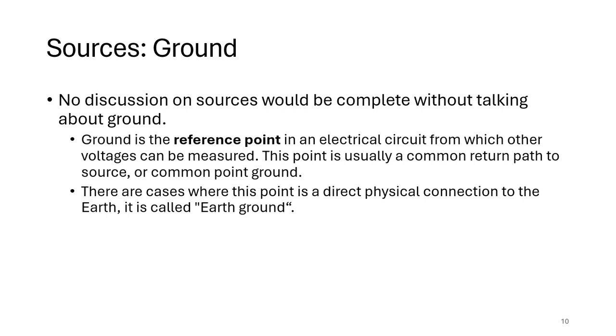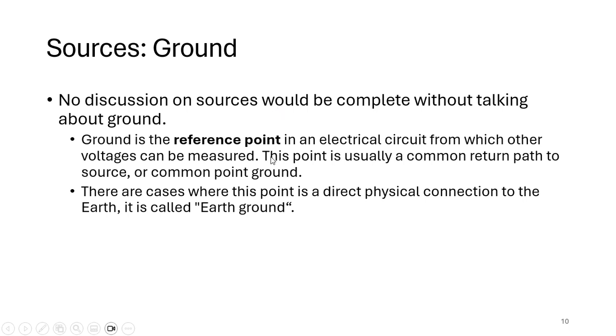All right. So moving on to the last topic here. If we're talking about sources, it's probably a good idea to talk about ground. And so ground is a reference point in an electrical circuit from which other voltages can be measured.